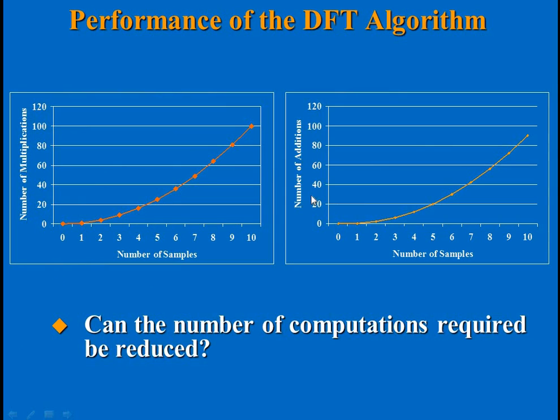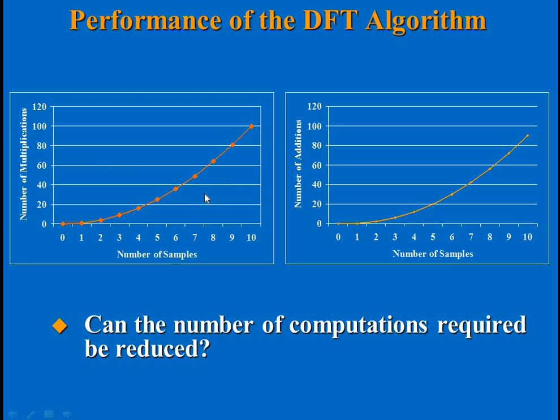If the number of samples keeps increasing, the multiplications and additions take more time. To be more precise, with more samples the computation time increases, because we have N square multiplications.